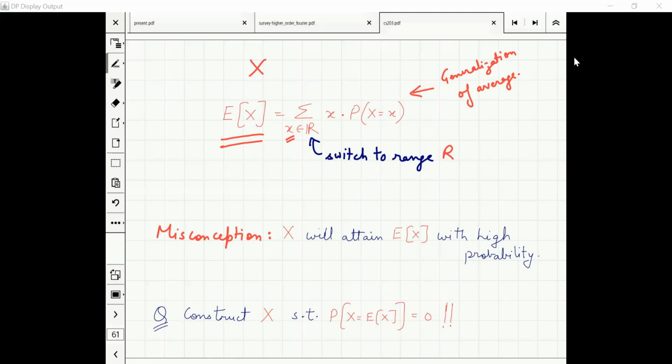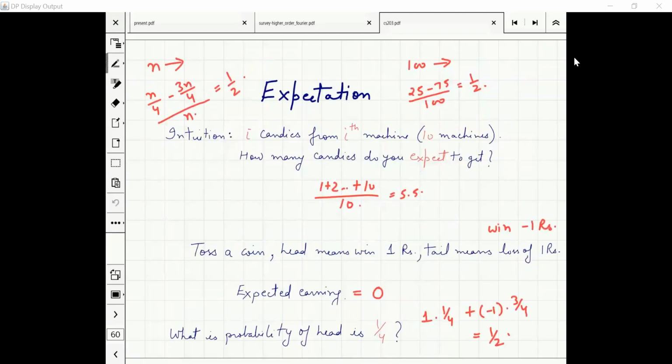But if we say that I will win 3 by 4 times, my probability of winning is 3 by 4, and then you're going to lose minus 1 rupee, and your probability of winning is 1 by 4, then you earned 1, then actually you are going to lose. I think I missed a minus sign everywhere. Sorry for that.